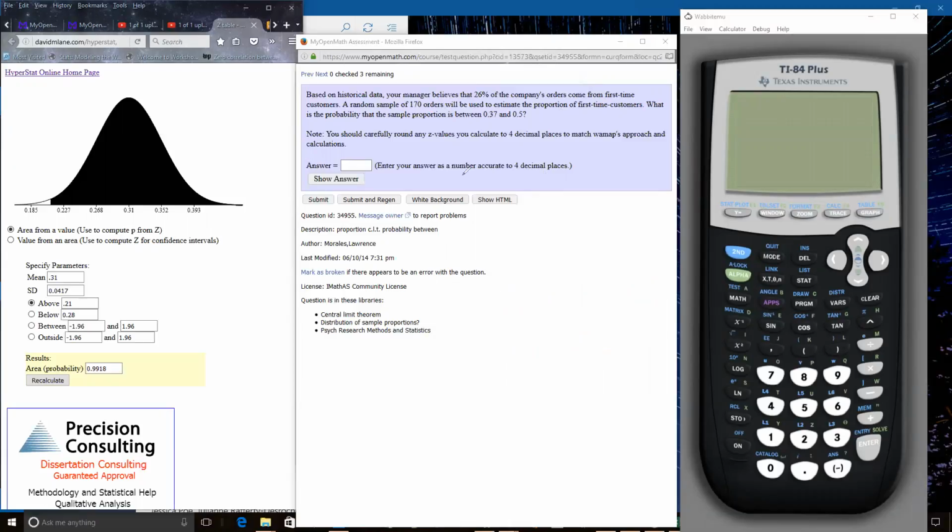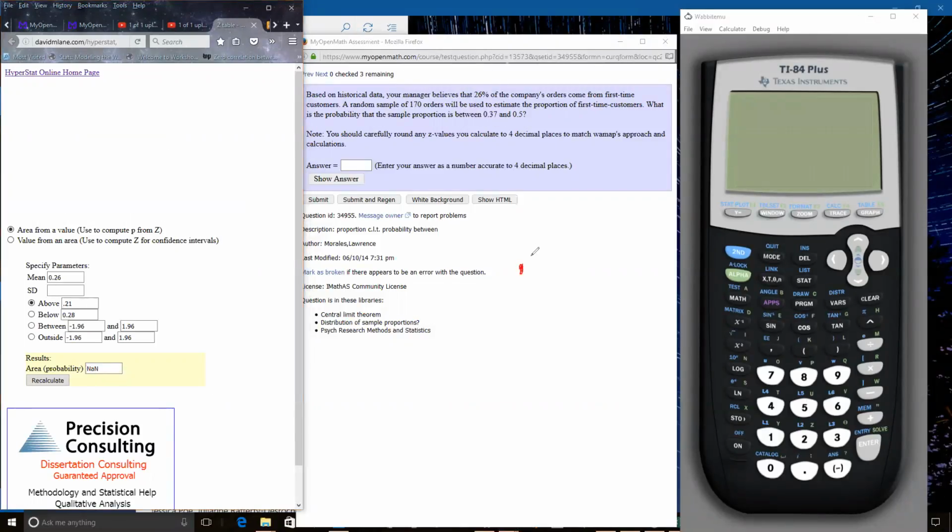Which tells me the center of the sampling distribution is the population proportion, 0.26. Then I've got to figure out the standard deviation. I'll write it right here in case you haven't seen the other videos.